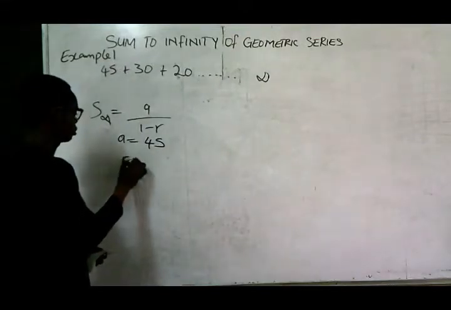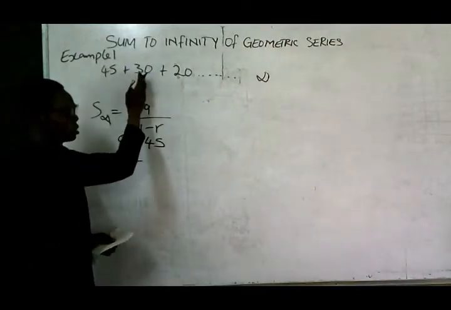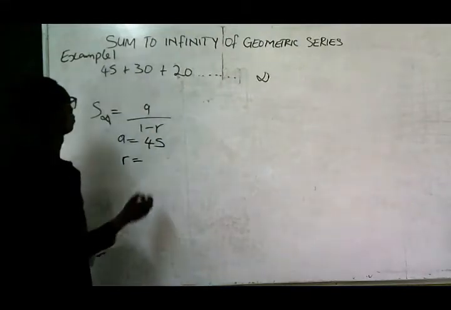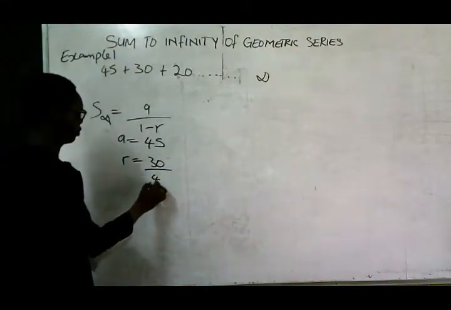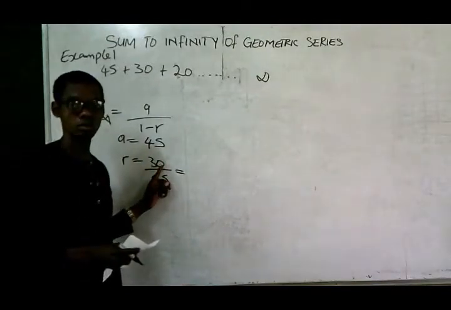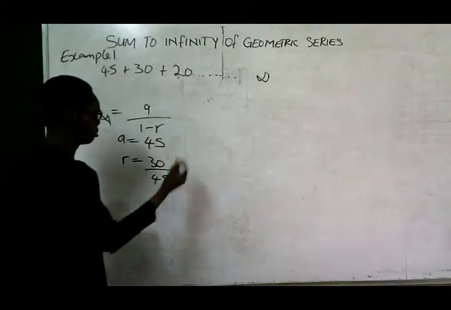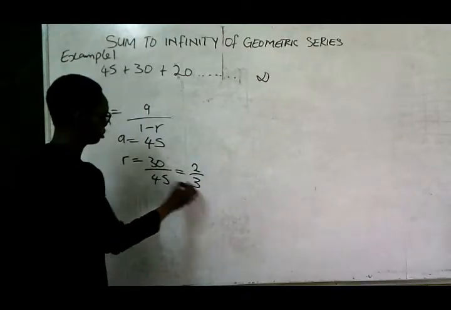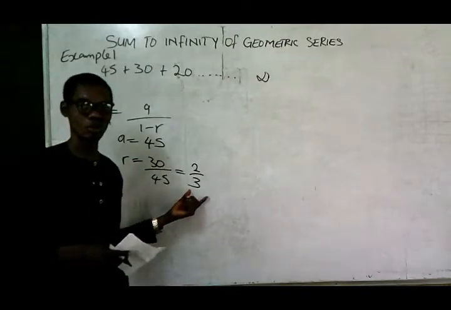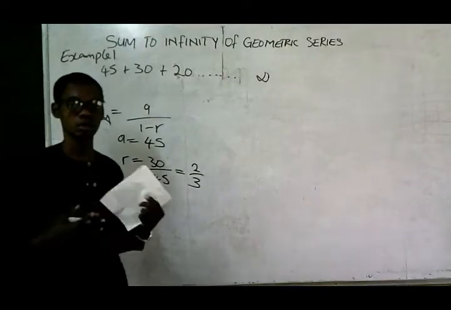To get r, as we have been doing before, you take the second term divided by the previous term, which is 30 over 45. Reducing it to the lowest term, this becomes 2 over 3. So our common ratio is 2 over 3.